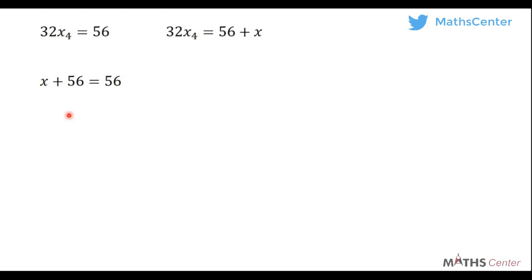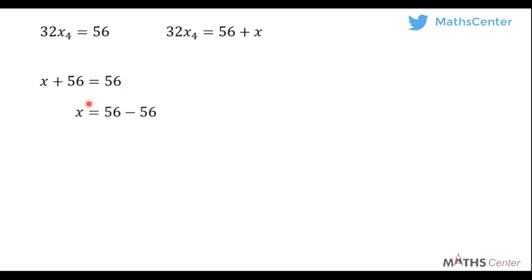Now we solve this. This is a linear equation. We know that we have 56 here and 56 here, numbers, so we can group like terms. We group the x at one side, and the numbers at one side. There is only one x here, so we keep it here. 56 is positive here, so when we take it to the other side, it becomes negative.